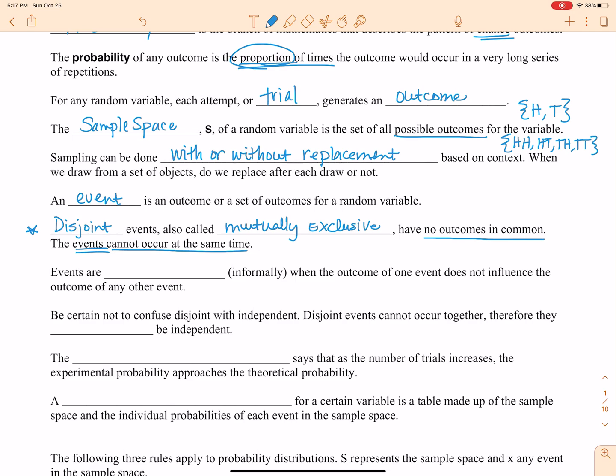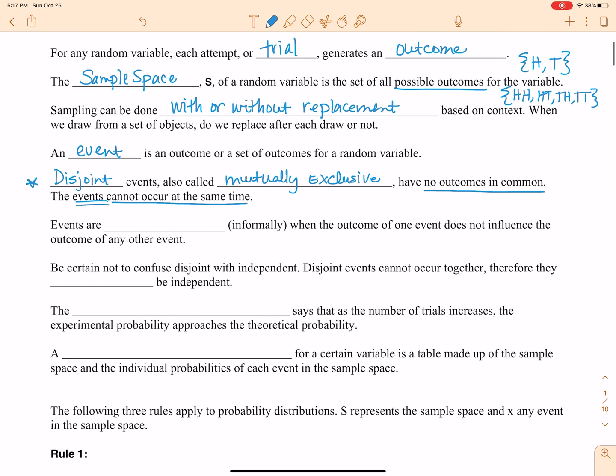When we think about events being independent, what happens for a lot of students is that they get this idea of disjoint or mutually exclusive mixed up with independence. And you need to understand that these are different things. So when we talk about events being independent, as the name implies, it means that one event does not influence the outcome of another.